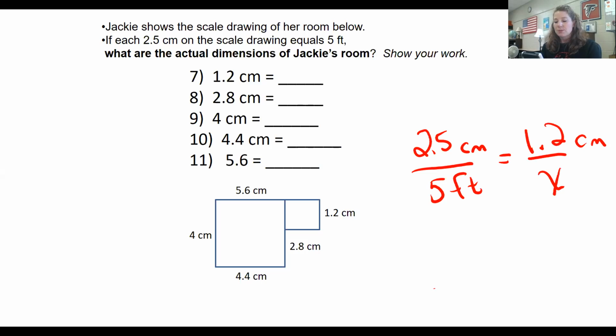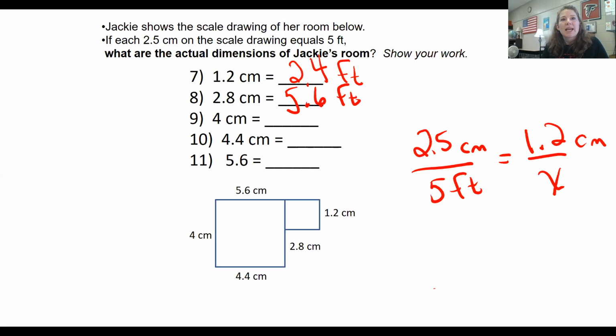So we're going to cross multiply 5 times 1.2, and then divide that by 2.5, and we get 2.4. 2.4 what? 2.4 feet. And then 2.8 is going to end up being double that, so it's going to be 5.6 feet.